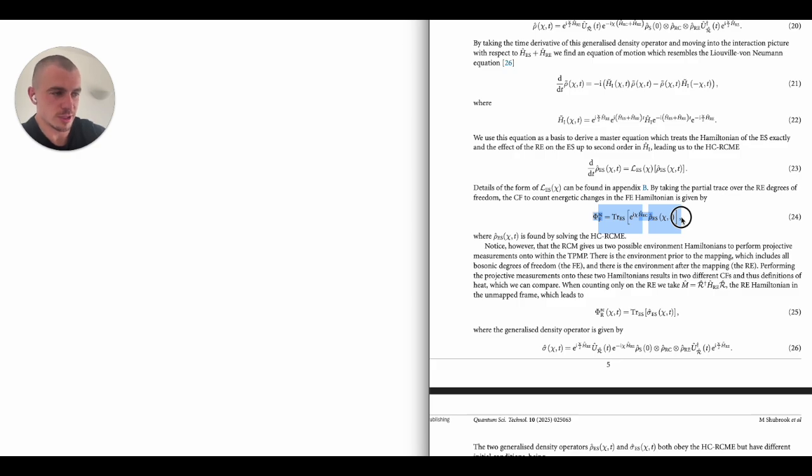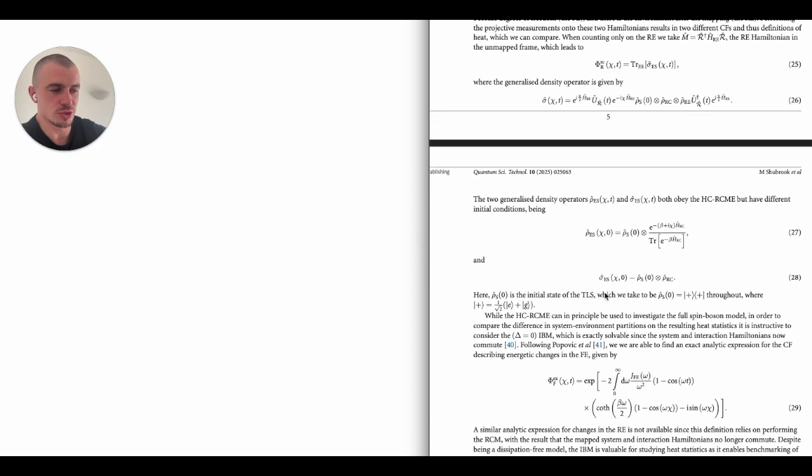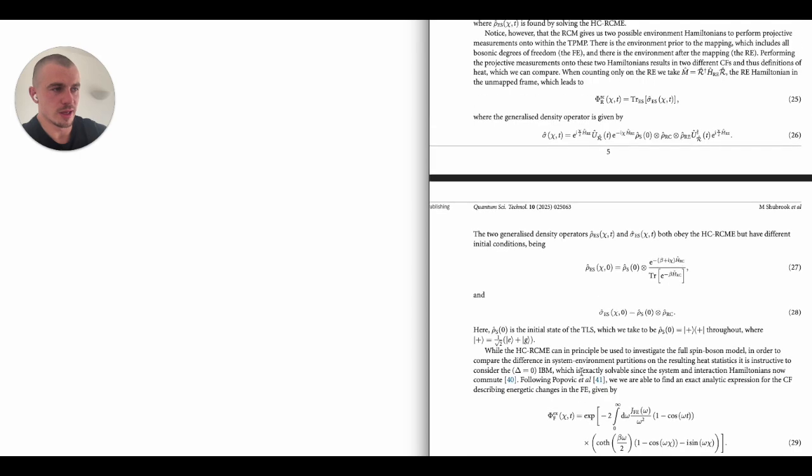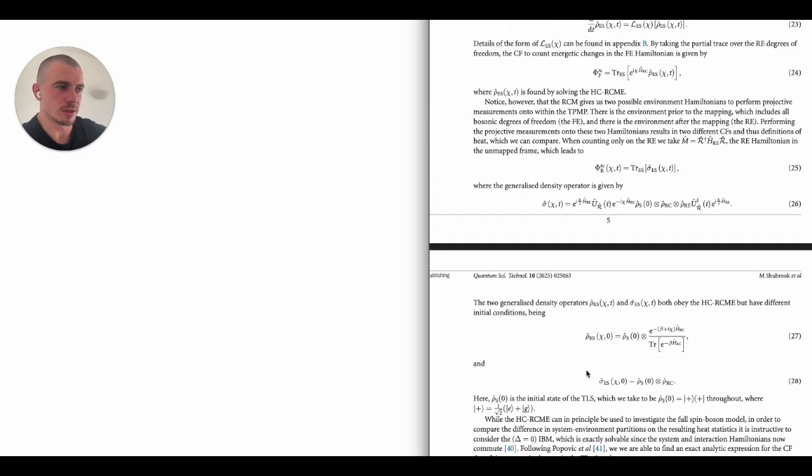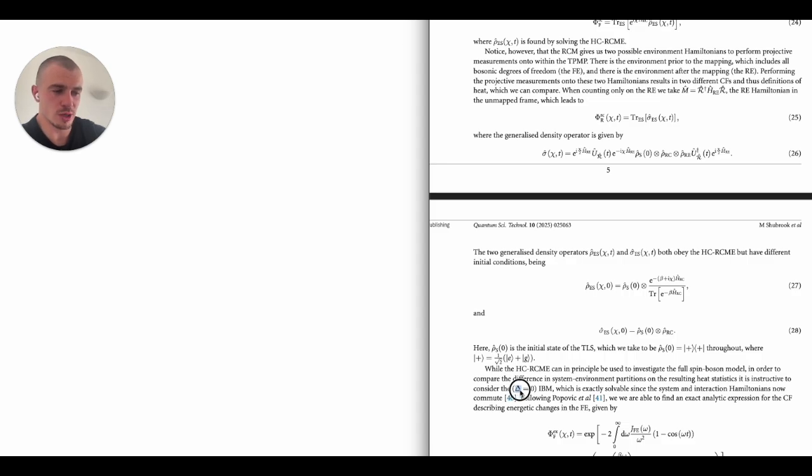Now, what we're going to see is that our method, which is approximate but general, works very well when applied to this analytic system. And then we're going to say, okay, well, if it works well in this case, there's no reason to assume it won't work well if we have non-zero tunneling, so the full spin boson model, which does not have an analytical solution.